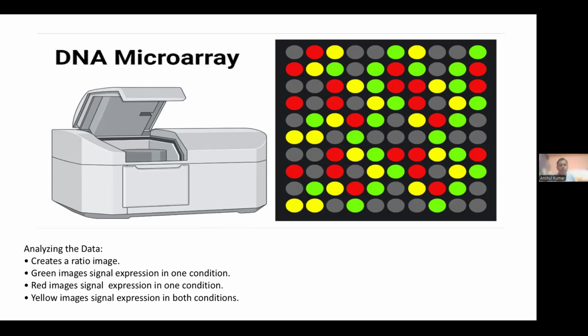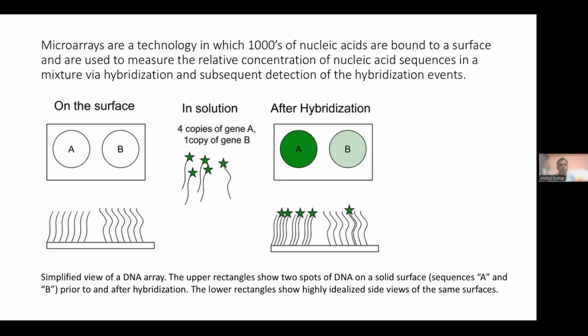If a green color comes, based on the kit which is used, it will show a greater affinity for the desired gene sequence, or if red comes, then it will show less affinity.